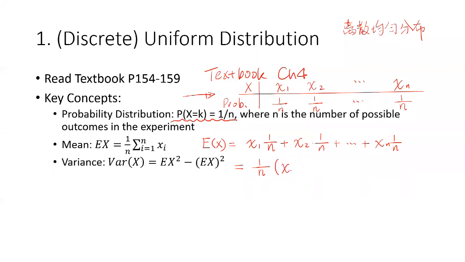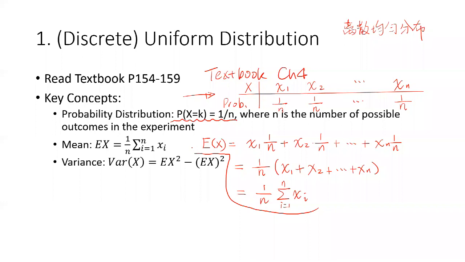So it's 1 over n multiplied by the sum of x1, x2, and xn, right? So basically it's 1 over n multiplied by a sum, x1 to xn. So for a discrete uniform distribution, you can use this formula to calculate its mean.